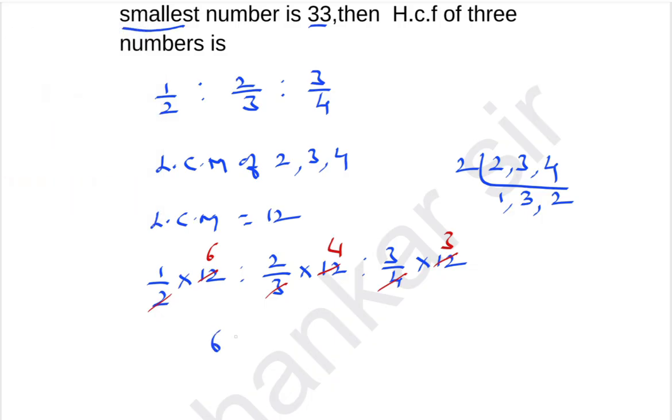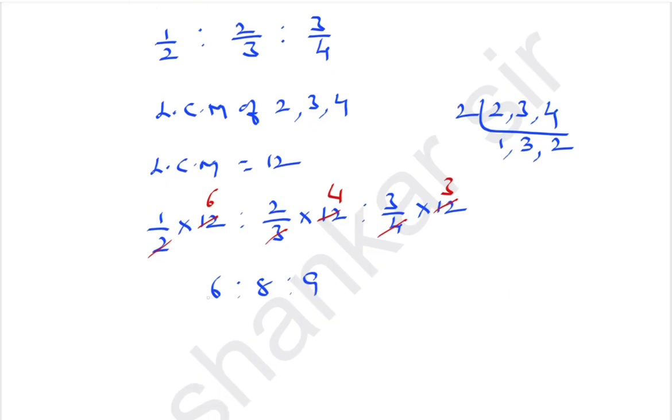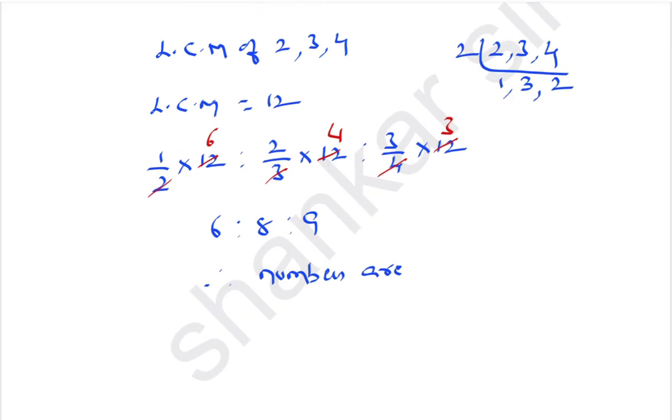Now the numbers will become 6:8:9. సో మనకు వచ్చిన నంబర్లు ఈ రేషియోలో ఉన్నాయిగా. Therefore the numbers are 6x, 8x, 9x. ఓకేనా?